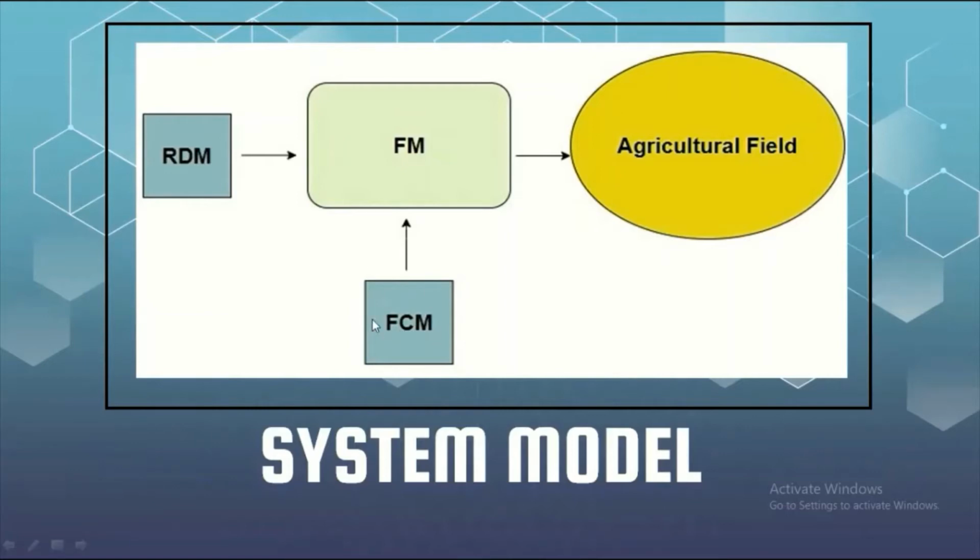And then we have the FCM, or Fertilizer Control Model. This model operates a system of sprinklers in the crop fields. The sprinkler system releases fertilizer fluids that enable the farmer to achieve an optimum result, a profitable crop using a minimum amount of water and fertilizer.